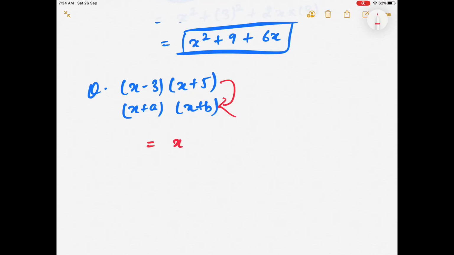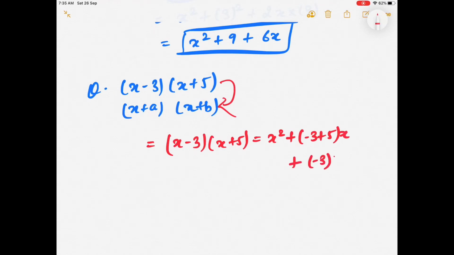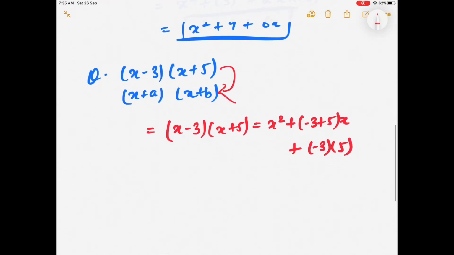We have (x minus 3) into (x plus 5) is equal to x square plus (minus 3 plus 5) into x plus (minus 3) into 5.